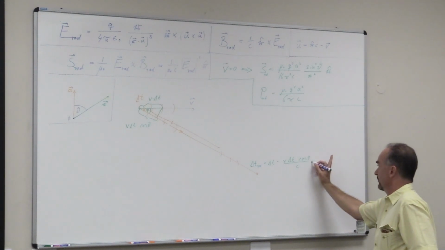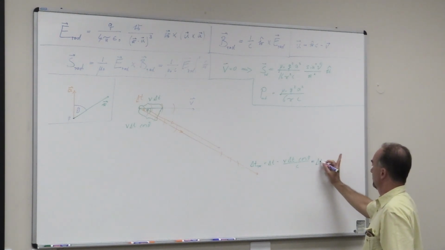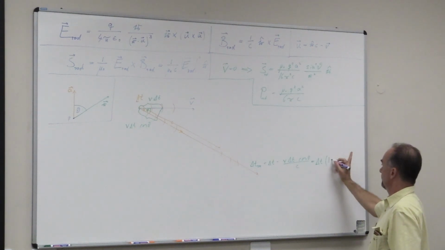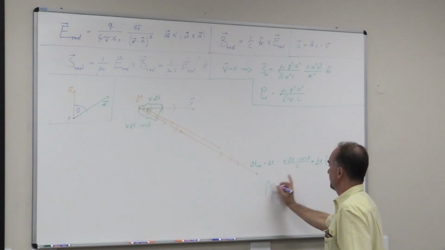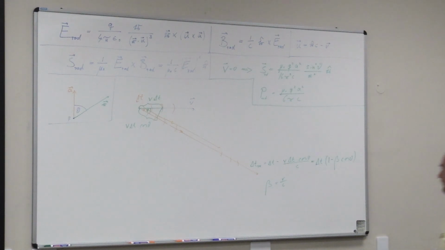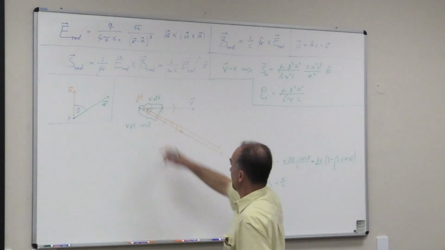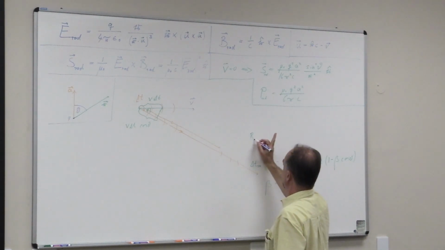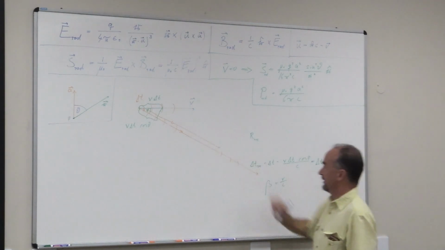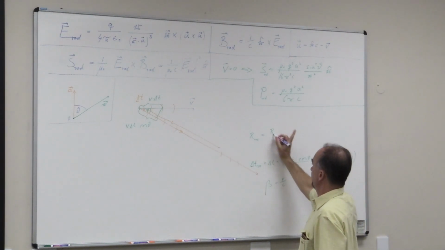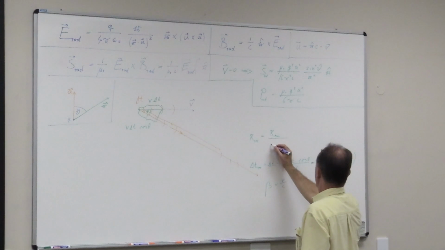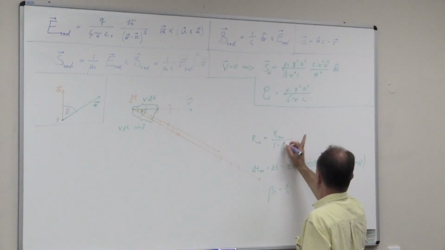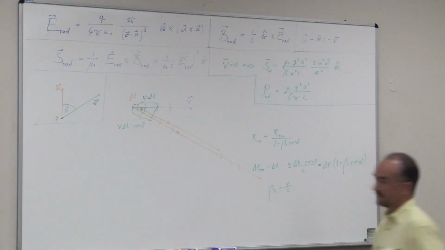So the time interval at which we receive it is the actual time interval with a correction factor, 1 minus beta cosine theta, where I've just defined beta as the speed over the speed of light. That means the rate at which we receive radiation here is the rate at which it is emitted divided by this factor 1 minus beta cosine theta.